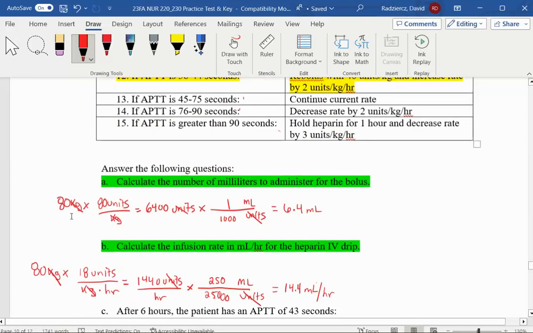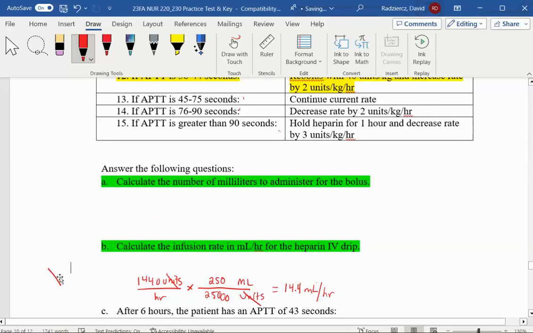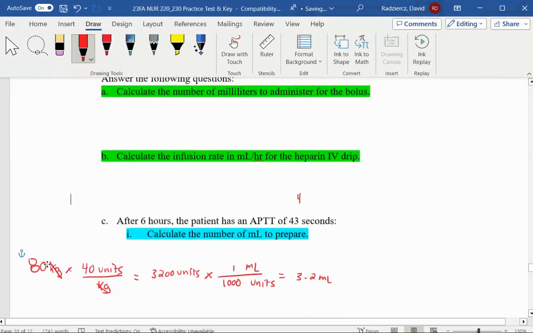So let's go through this with the new patient weight. We'll do this one as well.